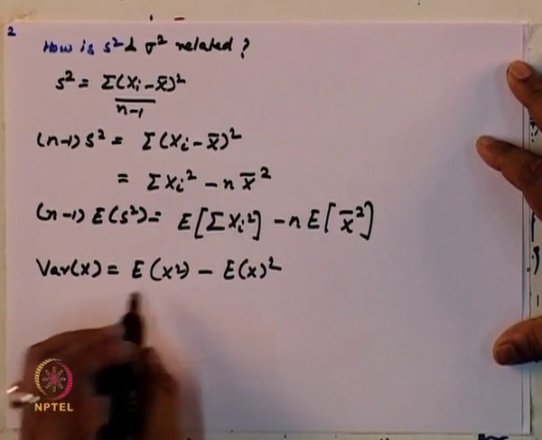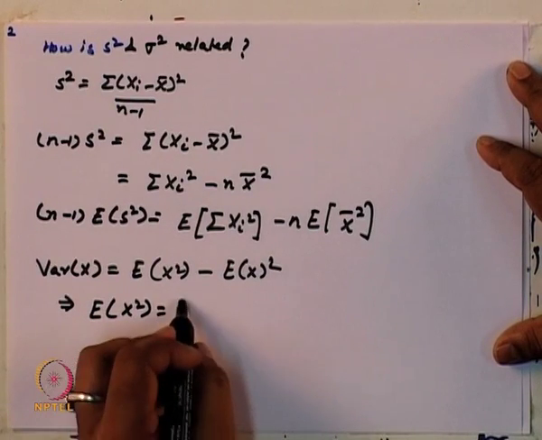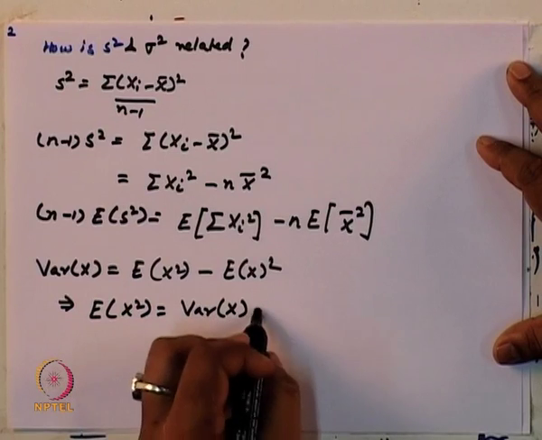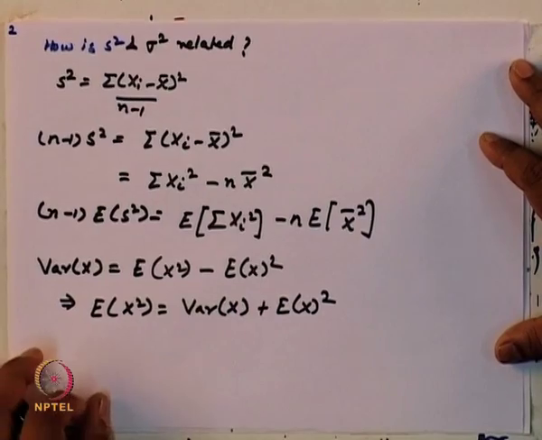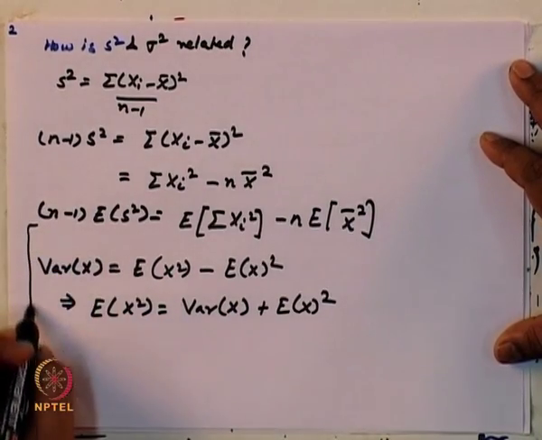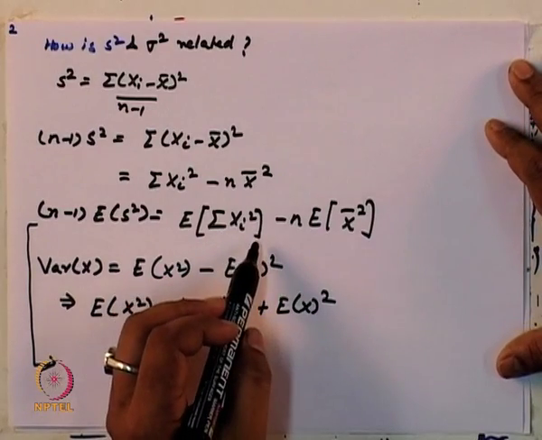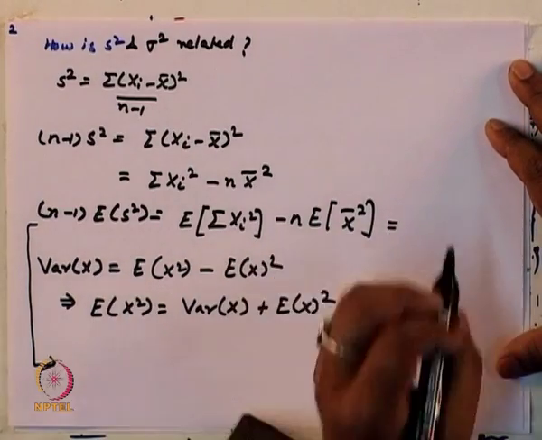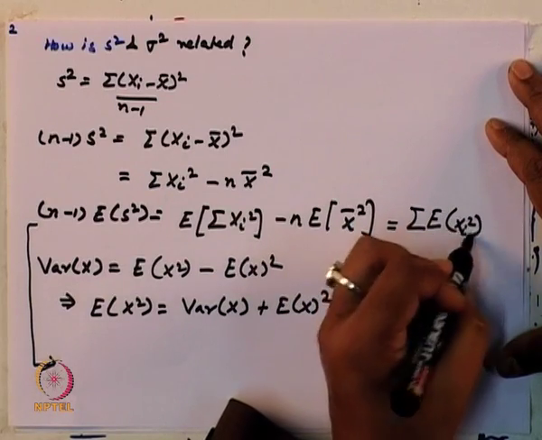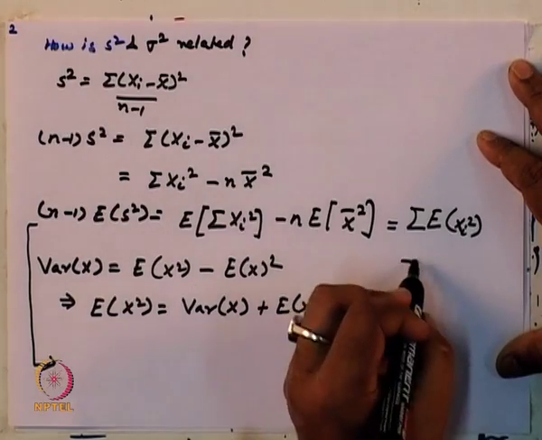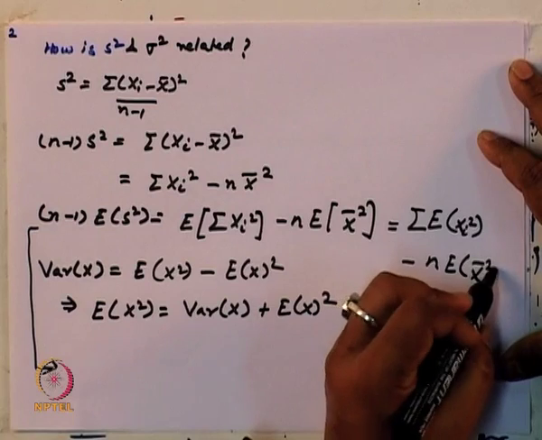So the expectation of x square is equal to the variance of x plus E of x whole square. Because each of these x_i's is independent, I can write this as the summation E of x_i square minus n times E of x bar square.